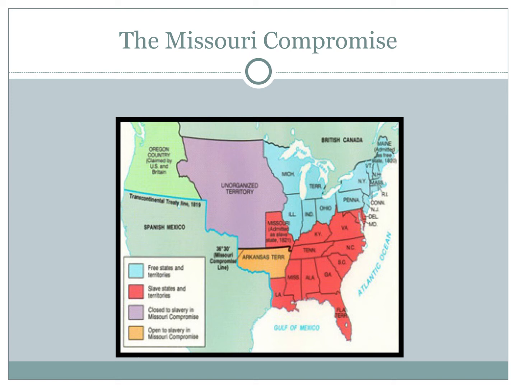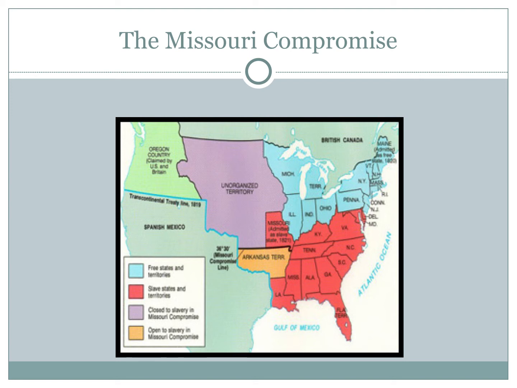If we see the map, the red states on this map were the slave states. The blue states are the free states. And then the purple area, where it says unorganized territory, was the part of the Louisiana Territory that would be closed off to slavery.